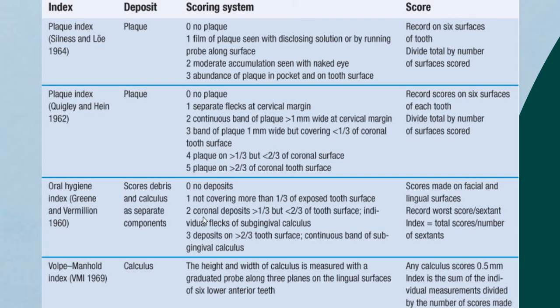And 2, coronal deposits more than 1/3 but less than 2/3 of the tooth surface. Individual flecks of subgingival calculus can be seen. And 3, deposits on more than 2/3 of the tooth surface and a continuous band of subgingival calculus. The scoring here is made on the facial and lingual surfaces, and you record the worst score over the sextant. The index equals the total score over the number of sextants.